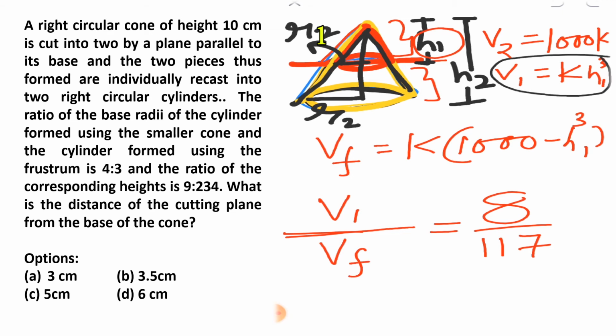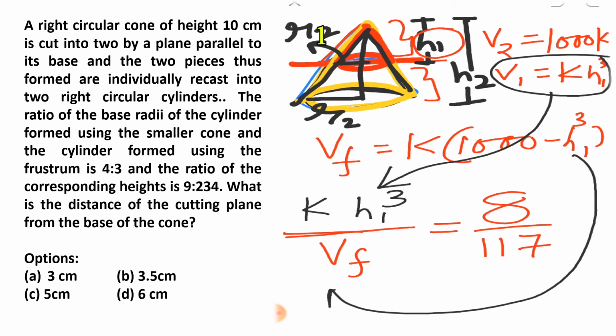V1 is equal to K H1 cube. Putting the values here, K H1 cube, and putting the values for the volume of the first frustum here, K into 1000 minus H1 cube.